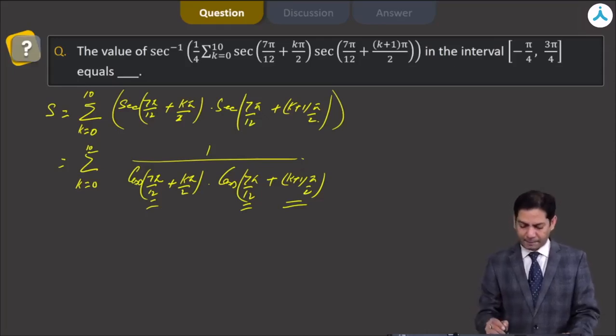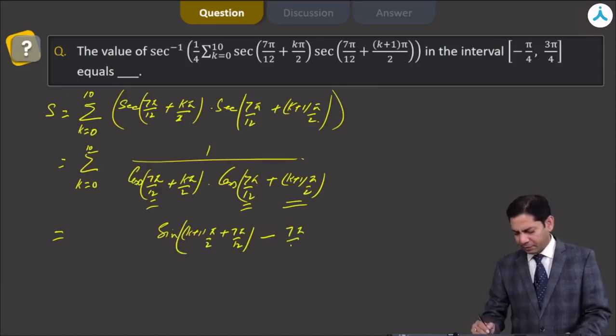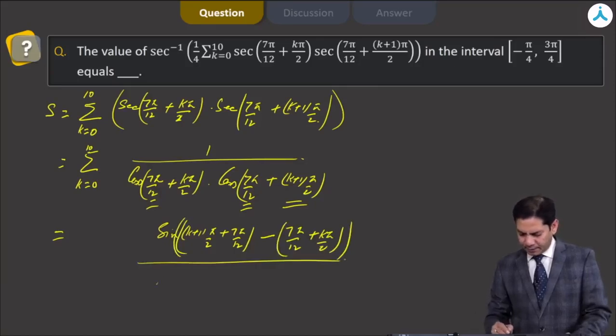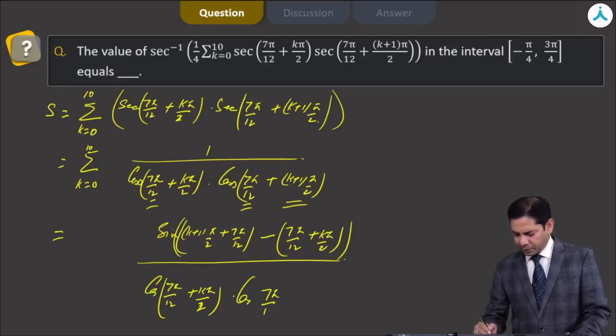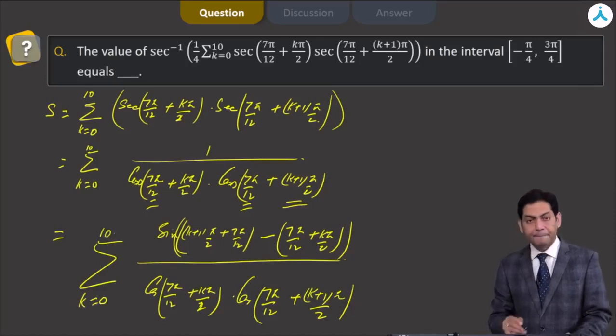So we can write this 1 as sine of ((7 pi by 12 plus (k plus 1) pi by 2) minus (7 pi by 12 plus k pi by 2)), divided by cos(7 pi by 12 plus k pi by 2) multiplied by cos(7 pi by 12 plus (k plus 1) pi by 2). Summation of this is to be taken from k equal to 0 to 10.